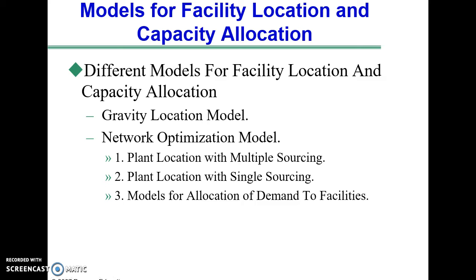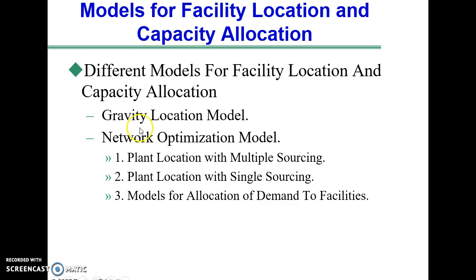These models are used for facility location as well as allocating the demand for each facility. That means allocating capacity, or how much capacity should be allocated to that facility. So these are the two main types of network design models.